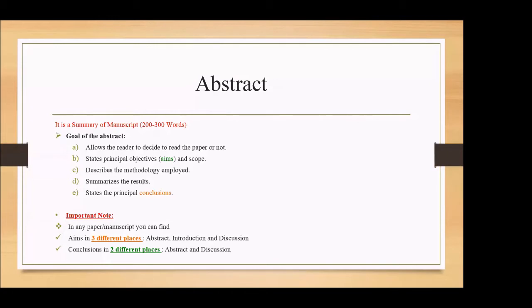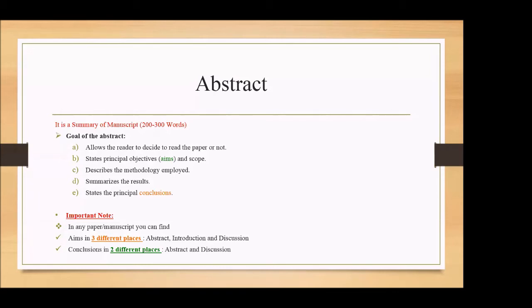What is important to note is that in any paper or manuscript, you can find the aims in 3 different places. So where can I find the aim of the research? I find it in the abstract, in the introduction, and also in the discussion.